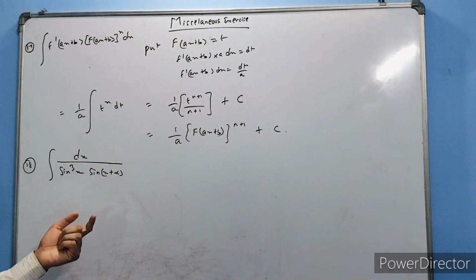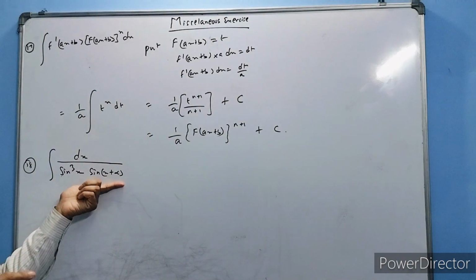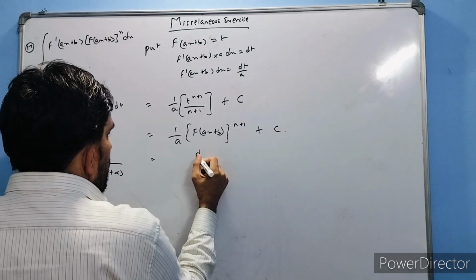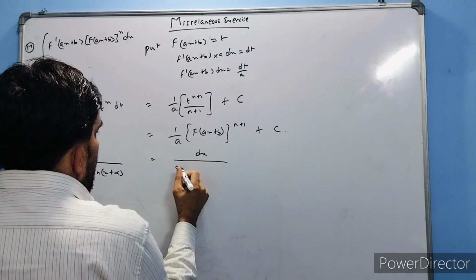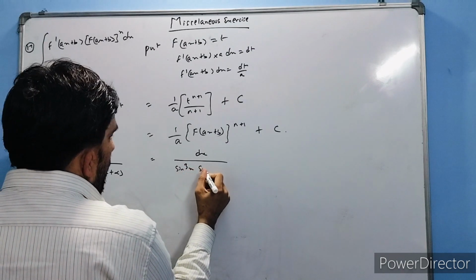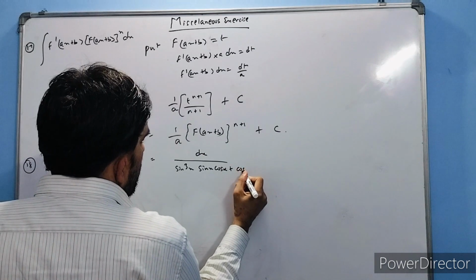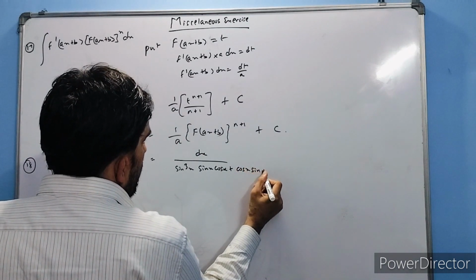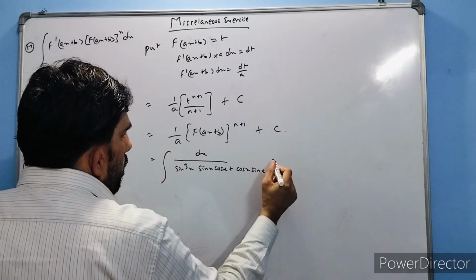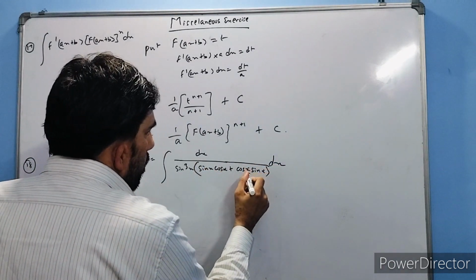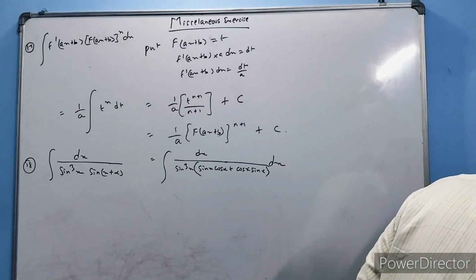First of all, we will try to apply the formula for sine x plus y, that is sine x cos alpha plus cos x sine alpha. First we have applied the formula here.